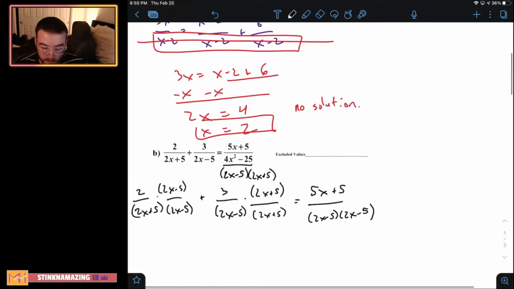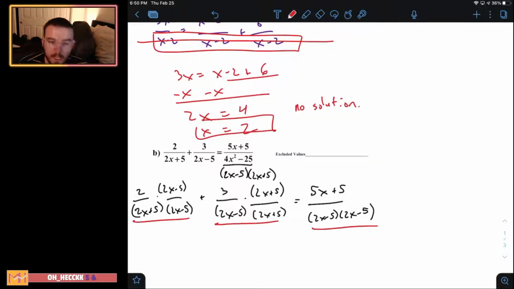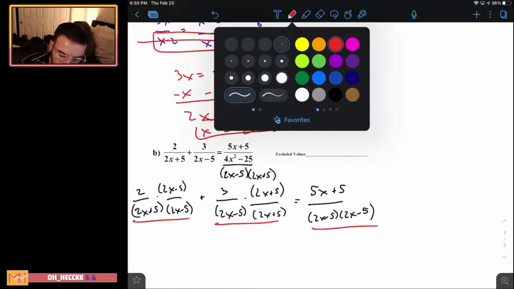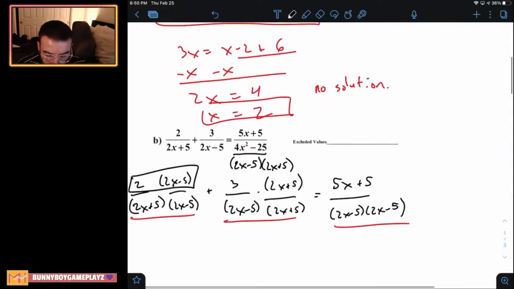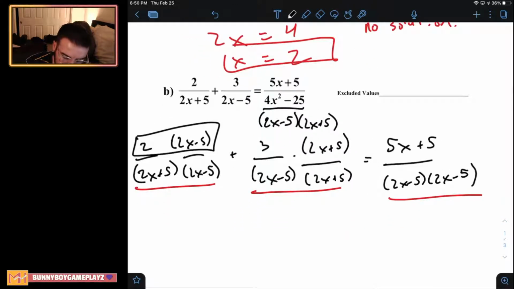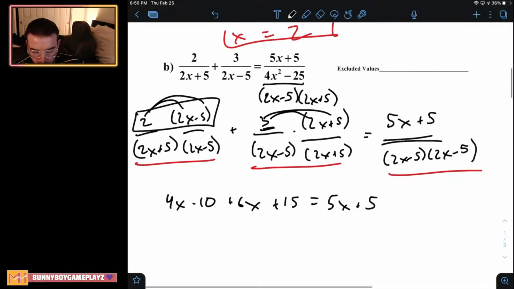Now, remember, now that I have a common denominator across the board, I can just focus on the numerator. So I still need to multiply this together, but I'm only going to write the top half at this point. So 2 times 2x is 4x, and 2 times negative 5 is minus 10. Then 3 times 2x is 6x, and 3 times 5 is 15, equals 5x plus 5 over there on the right half.